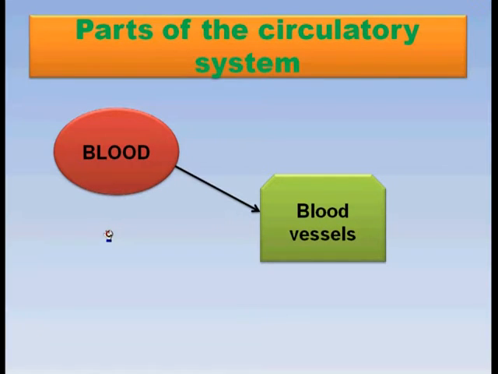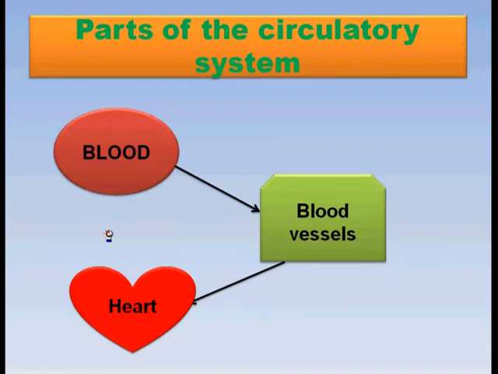So we have blood and we have blood vessels, which are both parts of the circulatory system. Can you tell me what next? What do you think is missing? Ah, the heart. Yes, the heart.